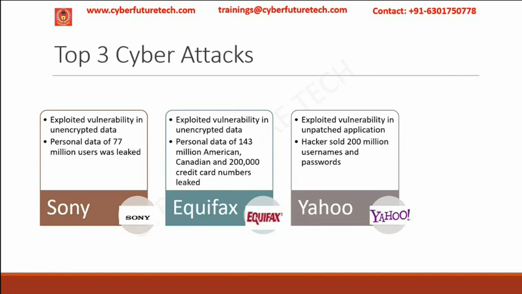Later on, Sony hired some outside security firms for investigation and rebuilt its system to provide more protection for personal information. Next, over 143 million US customers' personally identifiable information was breached, which is one of the worst breaches in history. Equifax said that they discovered this breach on 29 July 2017.